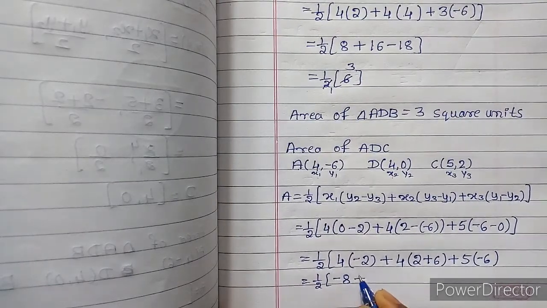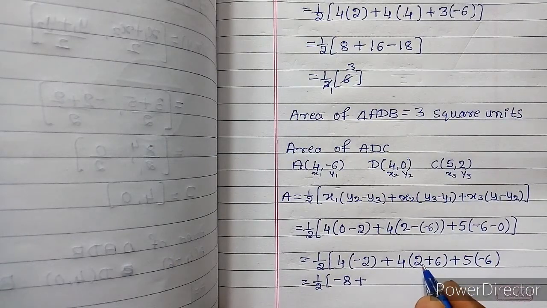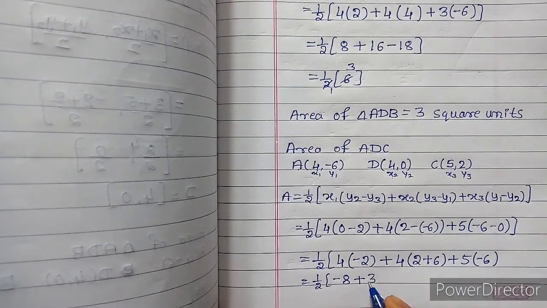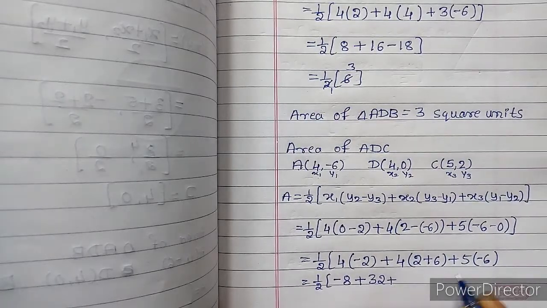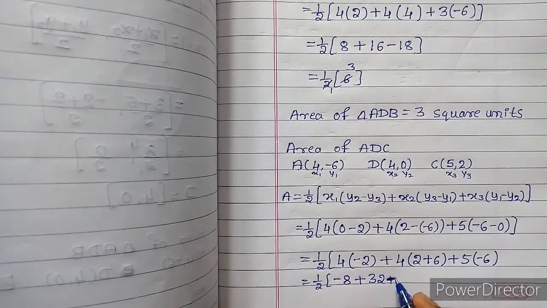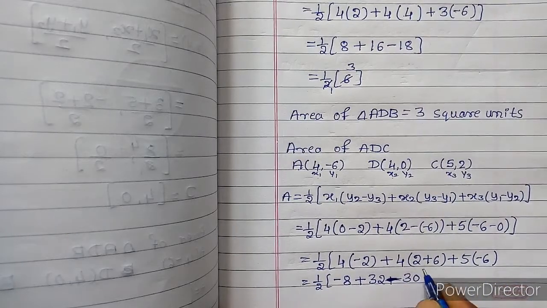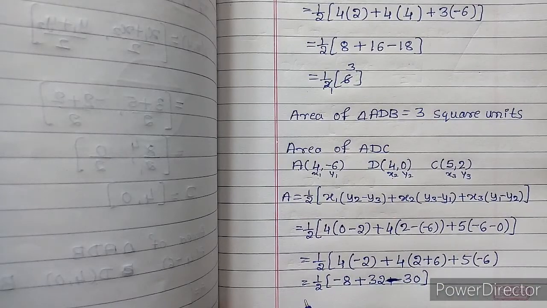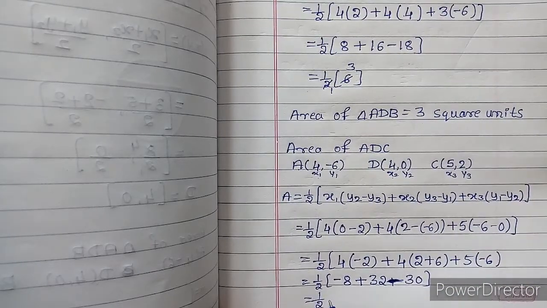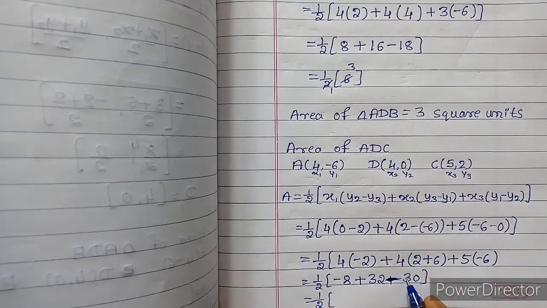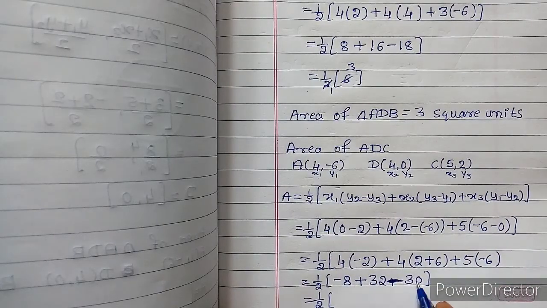Then plus 6 plus 2 is 8, 8 4s are 32, plus plus into minus minus it becomes minus, 5 6s are 30. Then next simplify 1 by 2 into bracket minus 30 minus 8 is minus 38, minus 38 plus 32 is minus 6.